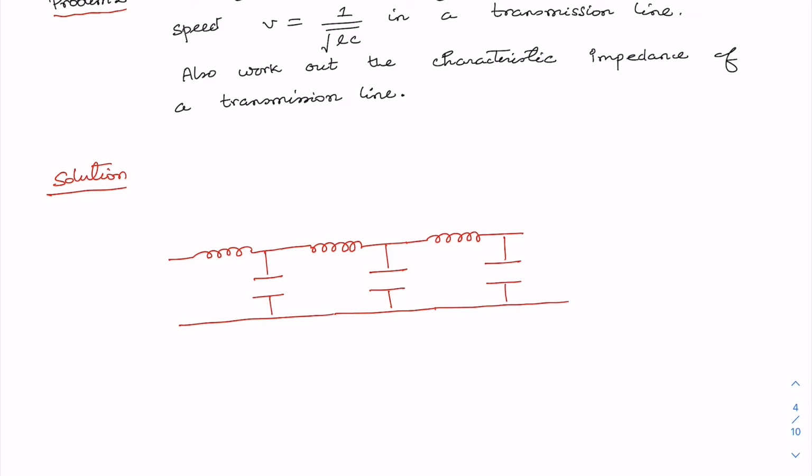Okay, this is a lossless transmission line, and this is, say, inductance L per unit length, and this is L per unit length, and this is capacitance per unit length, capital C per unit length, capital C per unit length, L per unit length, and so on.